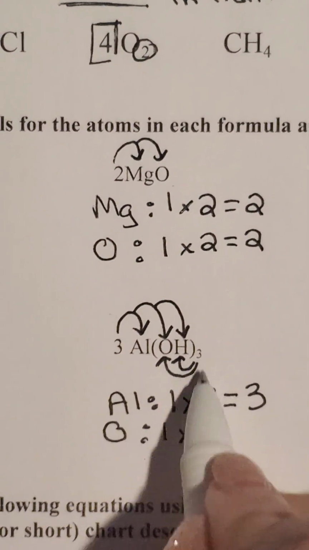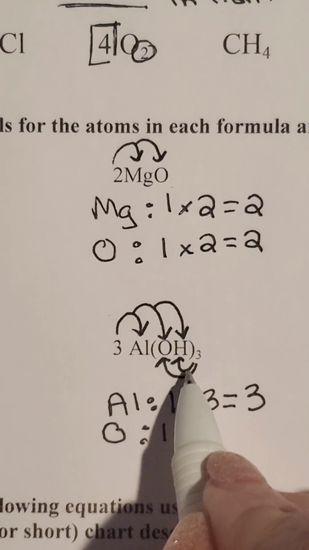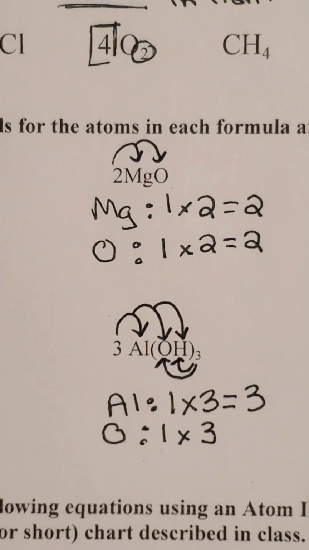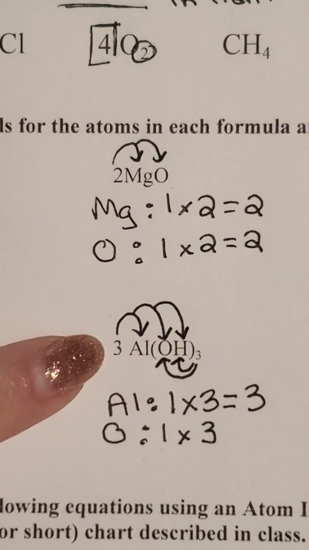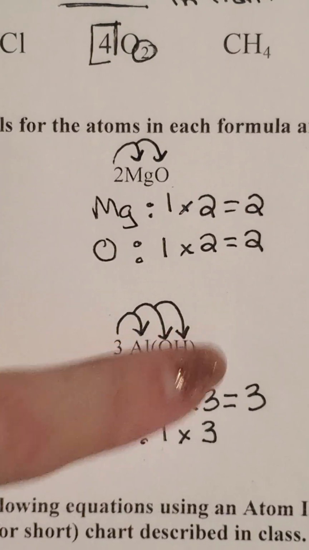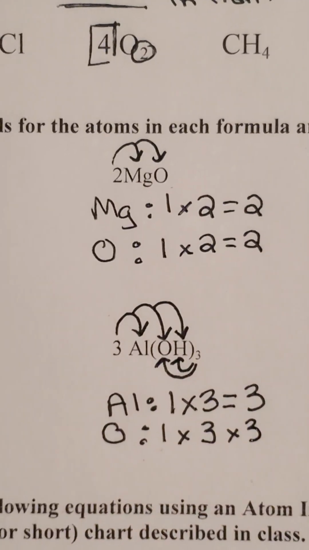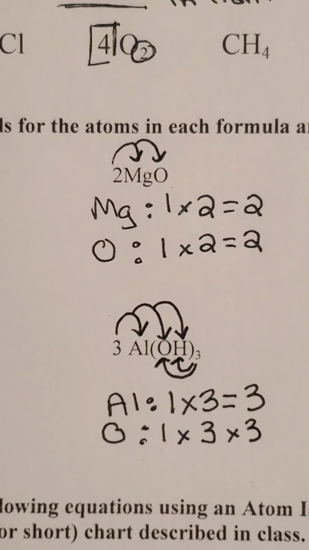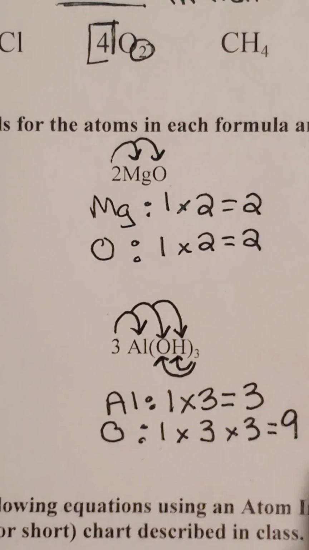However, the subscript following O after the parentheses means that I'm going to multiply it by 3. I also have to include the fact that the 3 in front is distributed throughout also. So both the subscripts and the coefficients are incorporated, giving us a total of 9 oxygen.